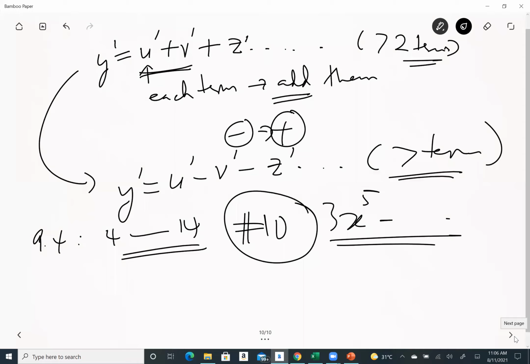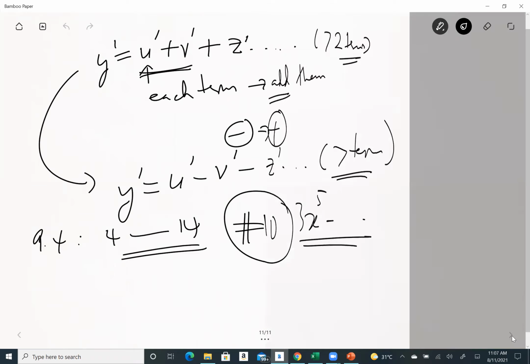Now, what I want to do next is you want to look at the idea of the slope of the line tangent to the curve at that particular point. So in order to establish that, I'll give you an example. Let's say I give you a simple example, y equal to x squared.